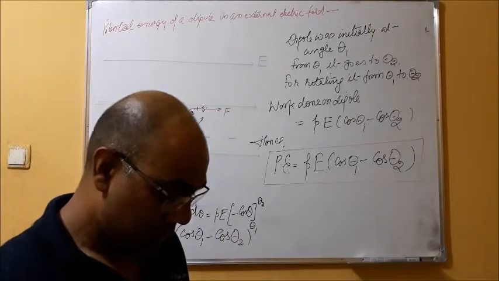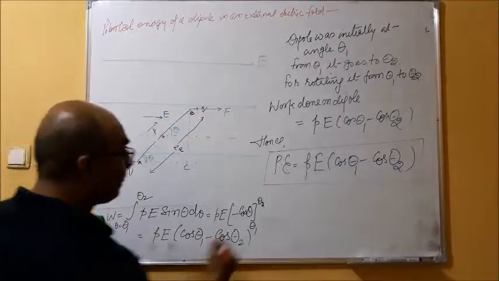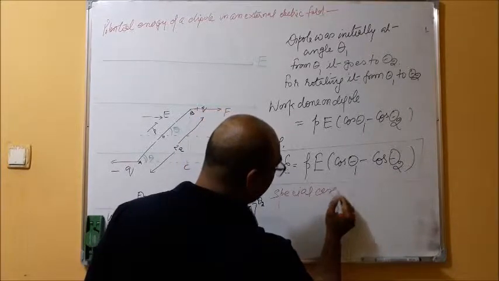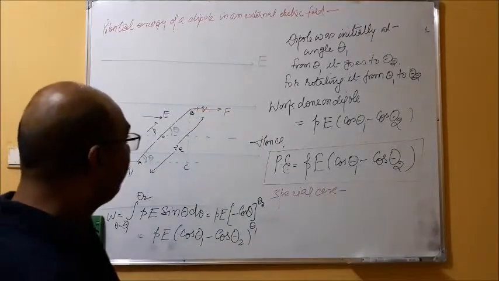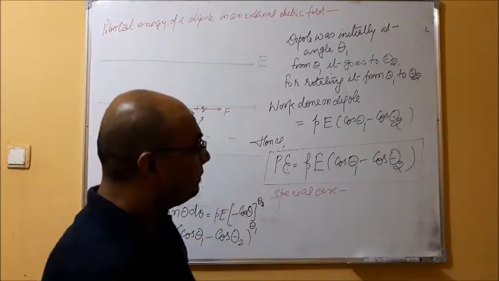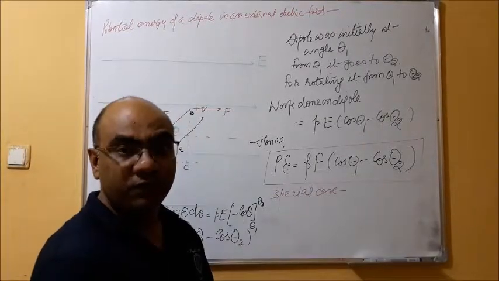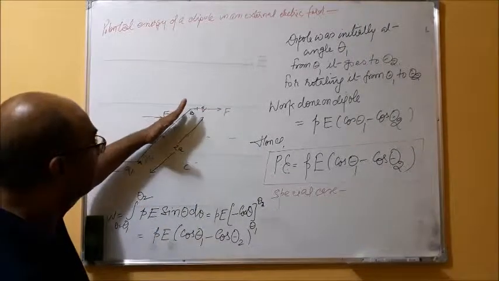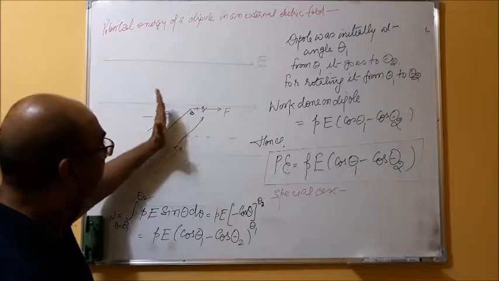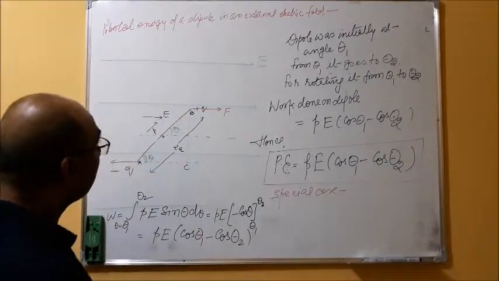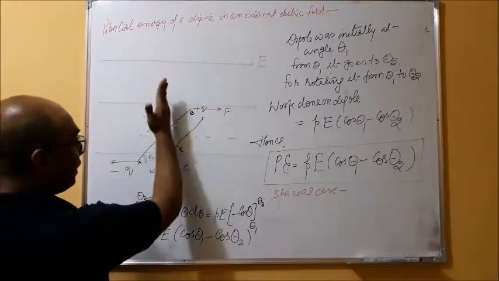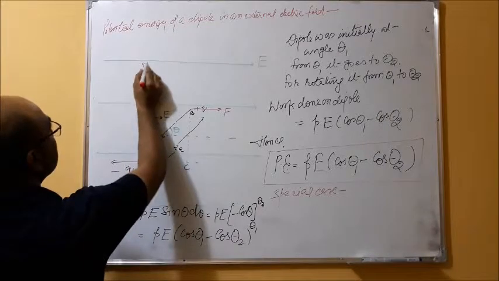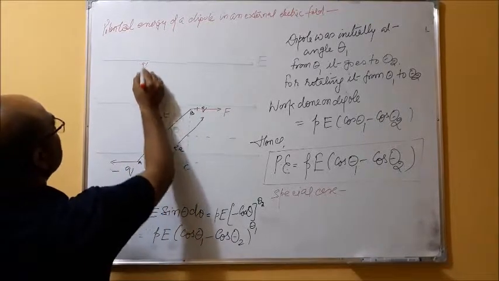Suppose the special case. What are the special cases? If the value of theta 1 is 90, it means this dipole is vertical to the electric field. So this is the electric field, and plus q and minus q is the position.